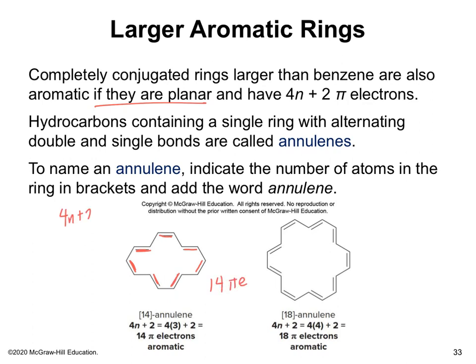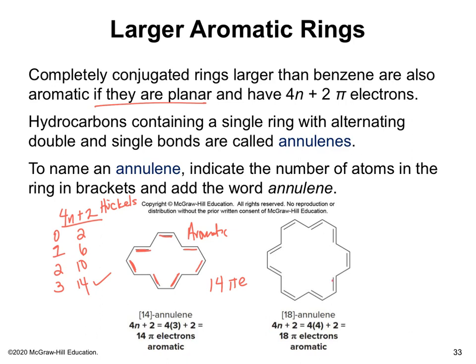So 4n plus 2, where n is 0, 1, 2, 3, gives 2, 6, 10, 14. So 14 meets Hückel's requirement, so this is aromatic.